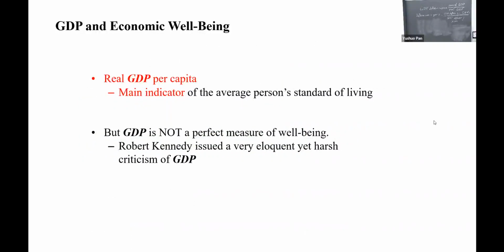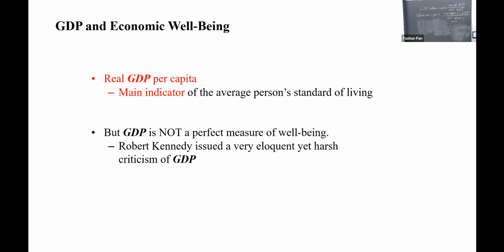GDP and economic well-being. The real GDP per capita is the main indicator of the average person's standard of living. When we talk about the standard of living, we talk about the real, because the real is about purchasing power. It's the quantity we care about, not the money. Per capita is also really important because we cannot compare GDP as a whole number between two countries.